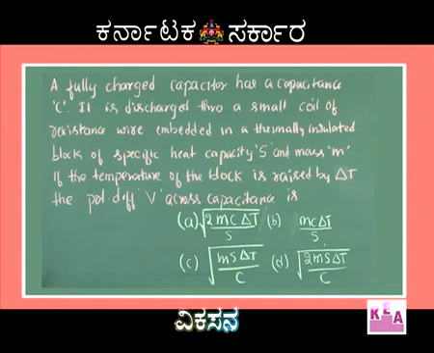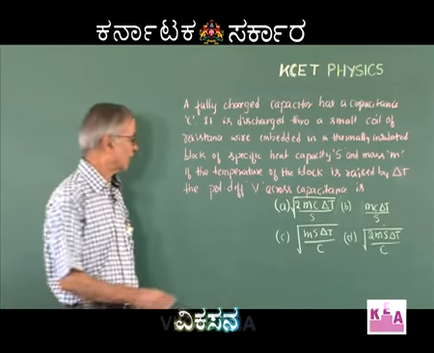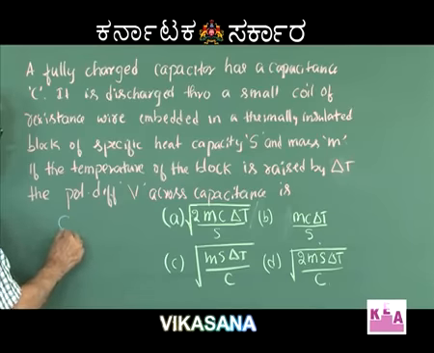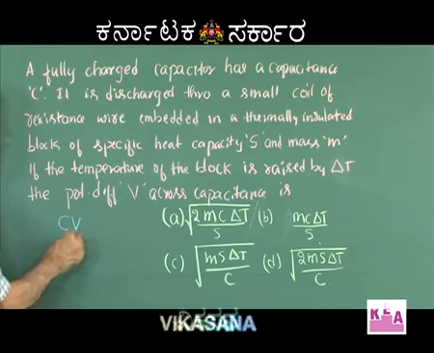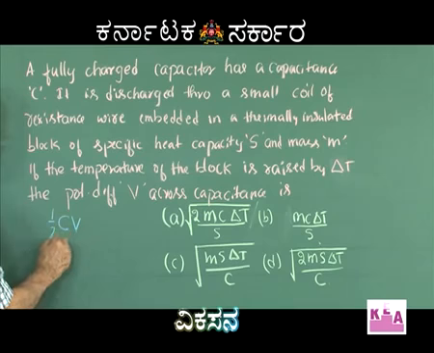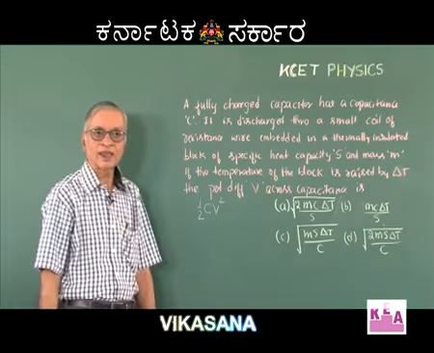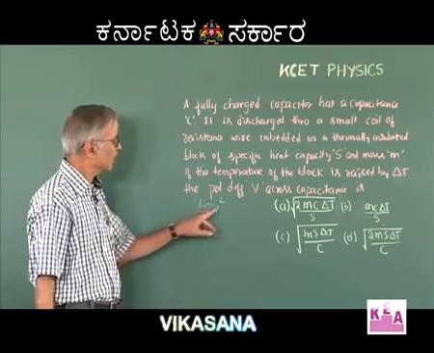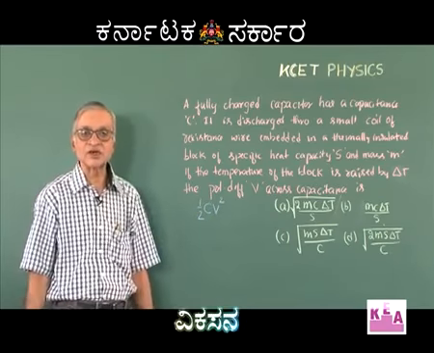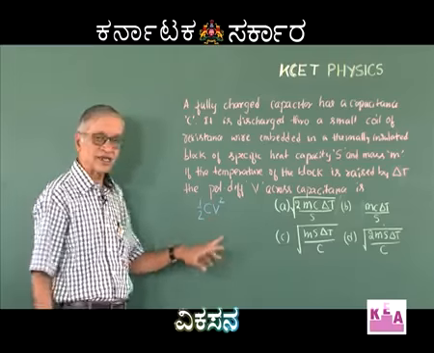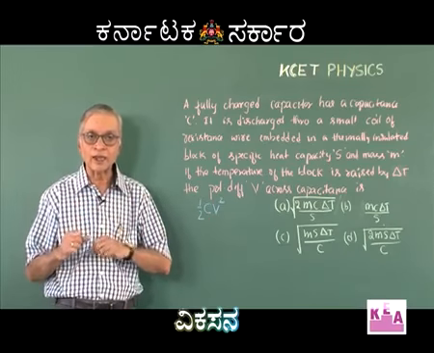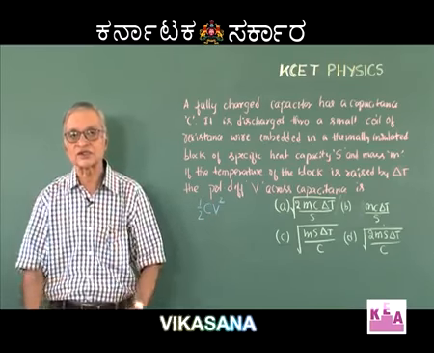You are all aware that if a capacitor of capacity C is charged to a potential difference V, the energy stored in a condenser is half of C multiplied by V square. If it is connected to a resistor, the entire energy stored in the condenser will discharge through the resistor.